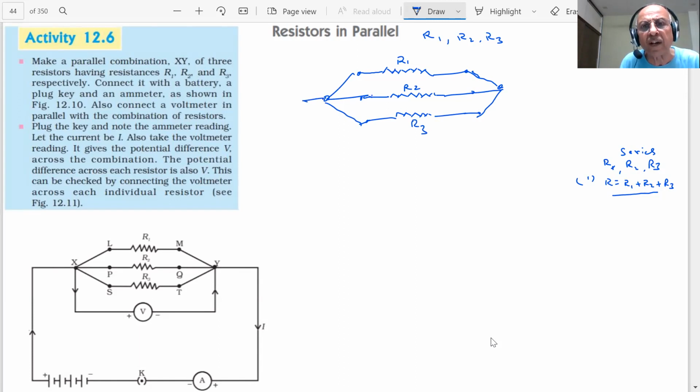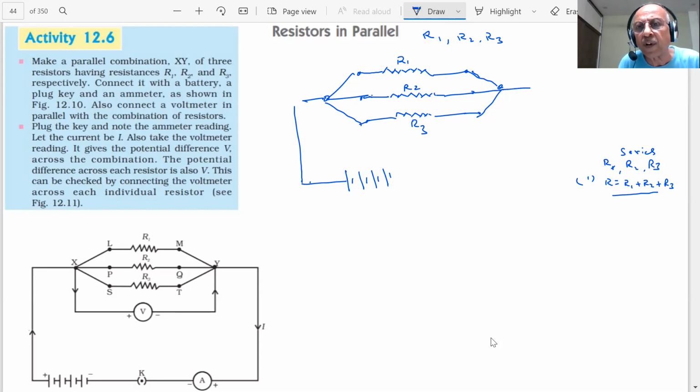We have to connect a battery. Battery means you have a positive and negative terminal. There are three cells here, one cell, two cell, three, so it depends on how many cells we are connecting. So one, two, three, four cells are here.